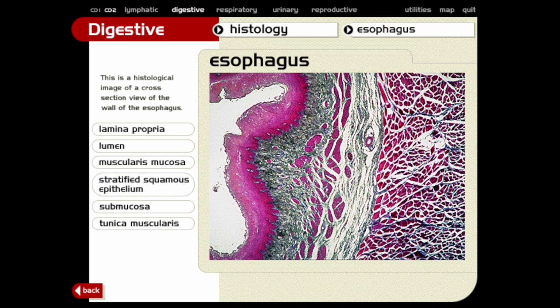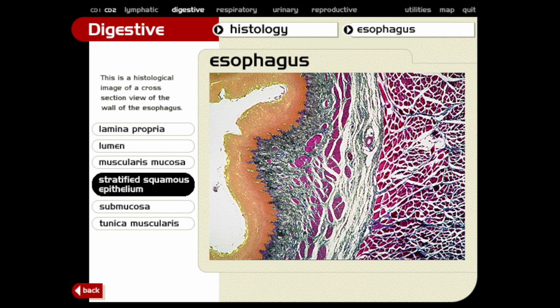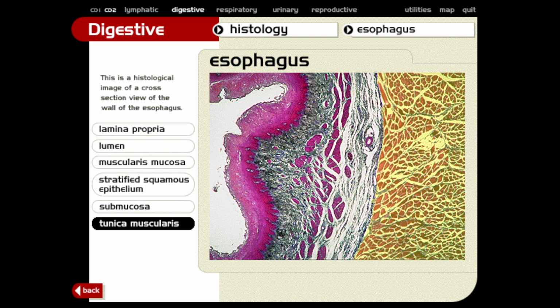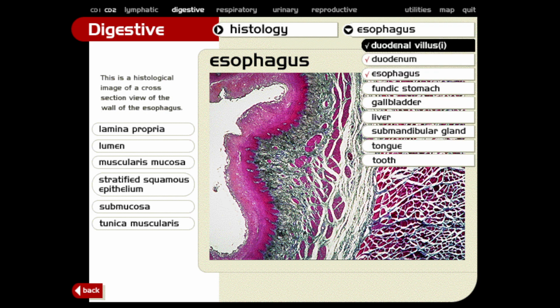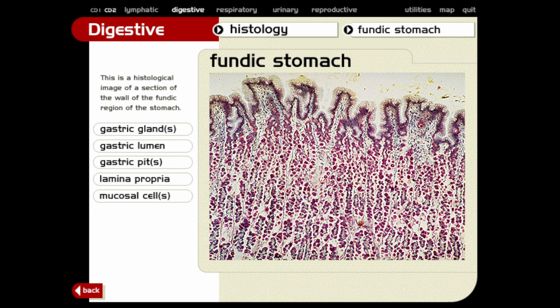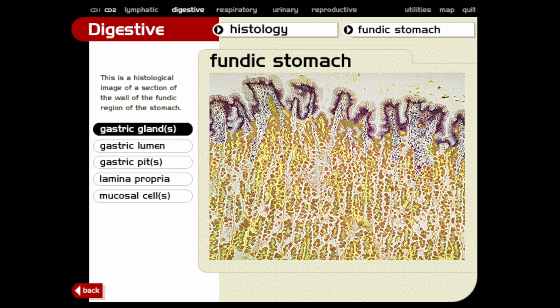This is a histological image of a cross-section view of the wall of the esophagus. This is a histological image of a section of the wall of the fundic region of the stomach.